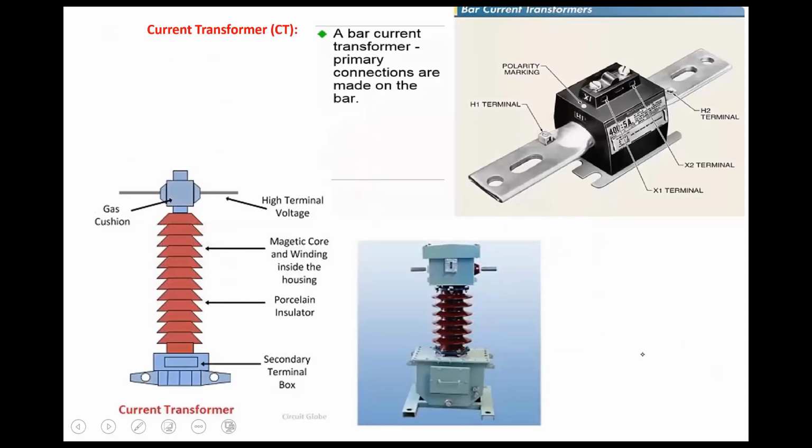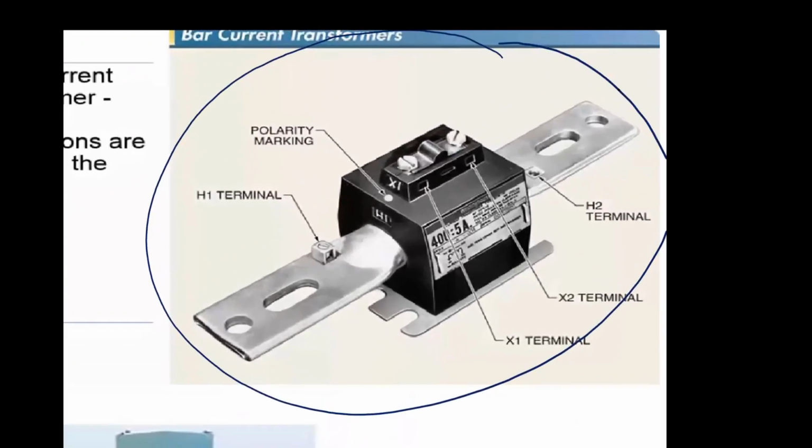So you can see different types of CTs. The one I am showing here is called a bus bar current CT. You can directly connect one end of the conductor here, bolt it here, and the other end of the conductor will be here. So this is the primary which carries the heavy current. In the image, if you observe carefully, it is a 400 by 5 CT.